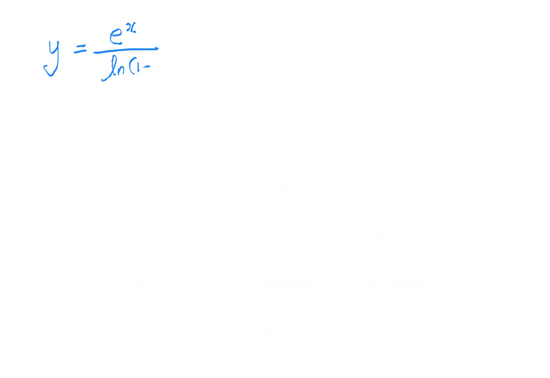No. So we have to use the quotient rule. Quotient means divide. And it's also the quotient of two functions. The top, I call it U. The bottom, I call it V.